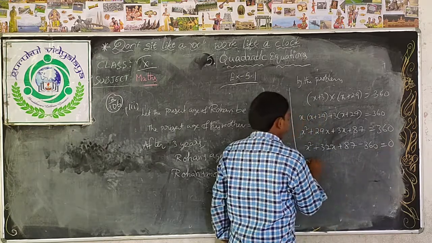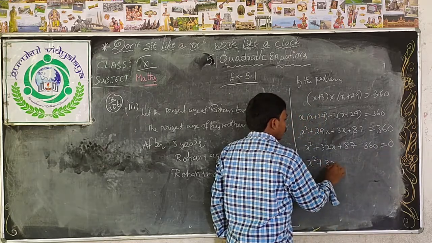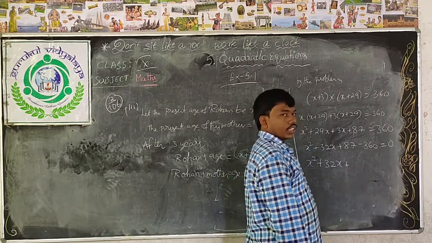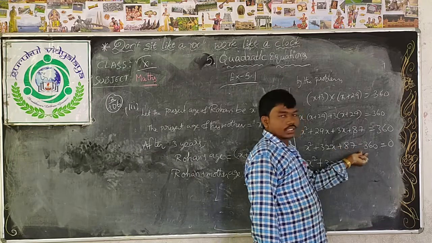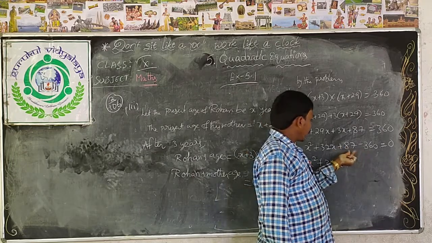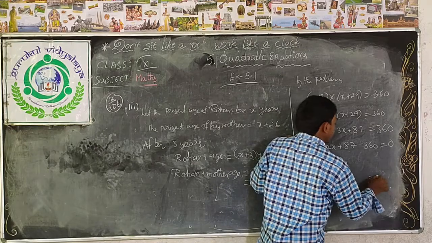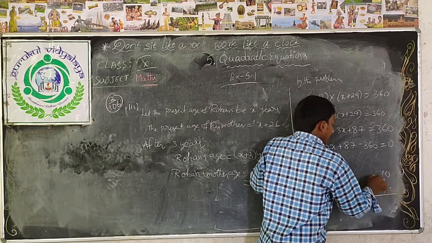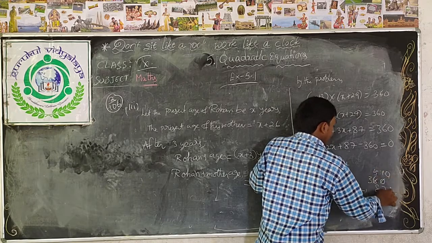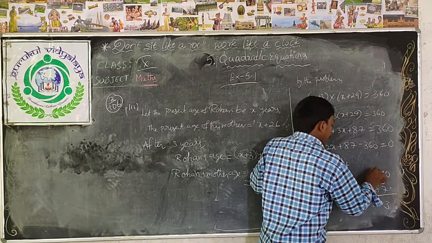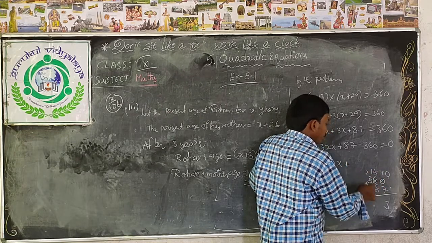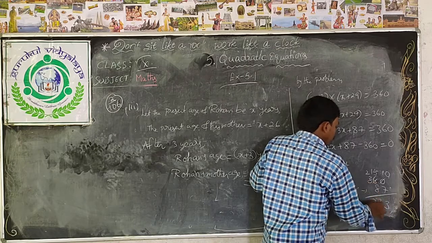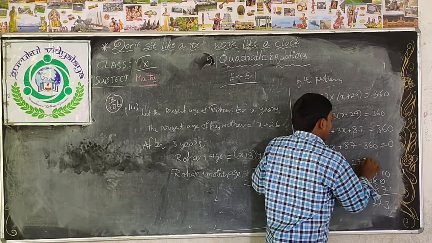Now x square plus 32x, and subtract 360 from 87. Subtracting 87 from 360 gives 273.